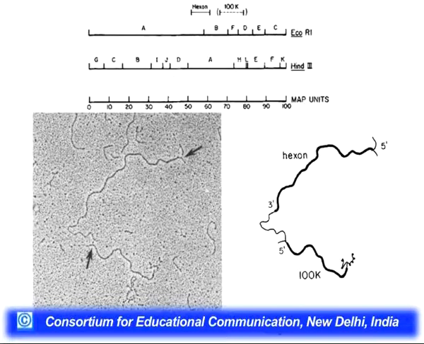This is the electron micrograph of the original experiment carried out by Berget et al. in 1977, which established that RNA is binding to specific regions of DNA. It is not binding contiguous regions, it is binding only to those regions with which it shows complementarity.